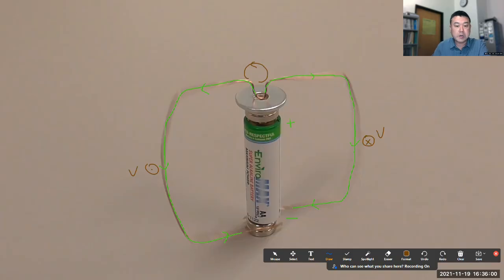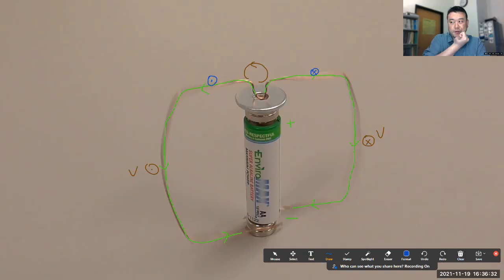Okay, so I've got to figure out the magnetic field. In this portion, I want the magnetic force in the direction out of the screen. Here in the direction into the screen. So that's the direction of force I want.